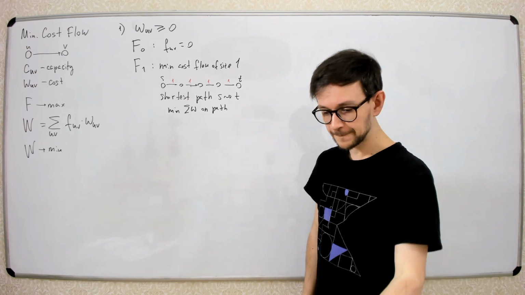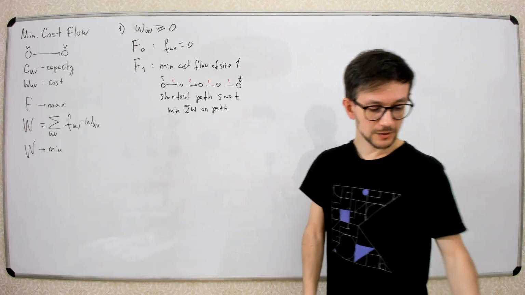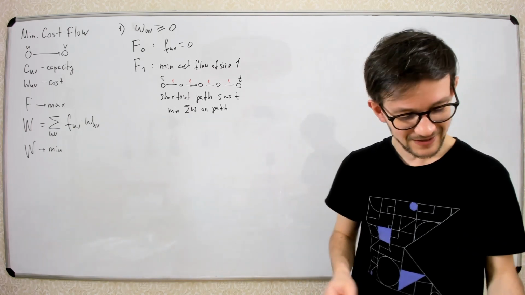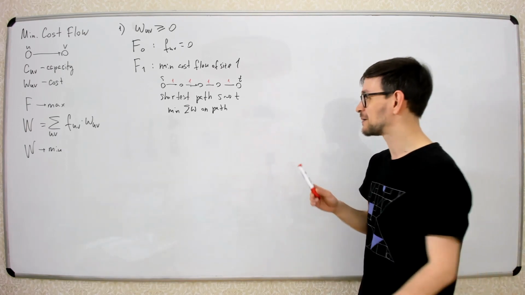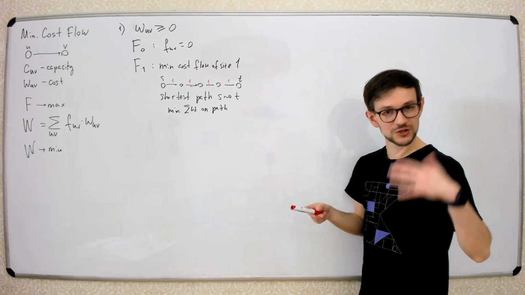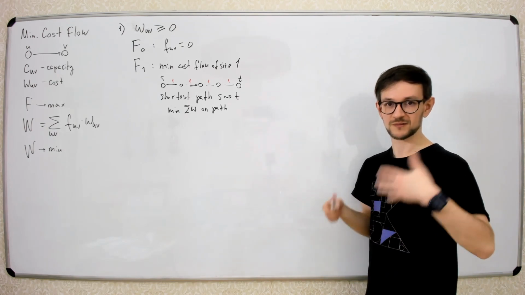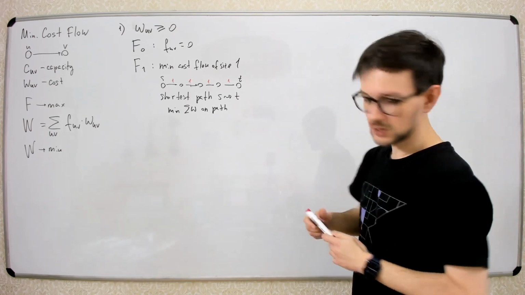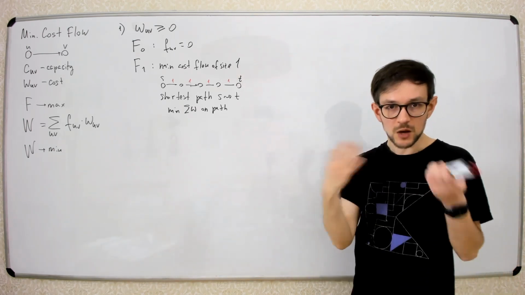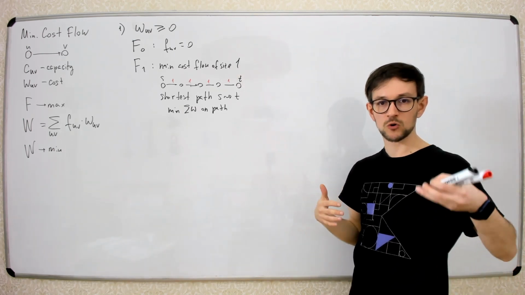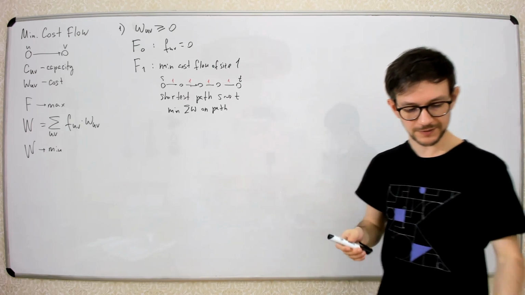Dijkstra algorithm, cool. Okay, let's see. I just checked that you're still here. Okay. So we can use Dijkstra algorithm to find the shortest path. Obviously, we'll just use Dijkstra algorithm and find the shortest path, and now we know the minimal cost flow of size 1. Nice.